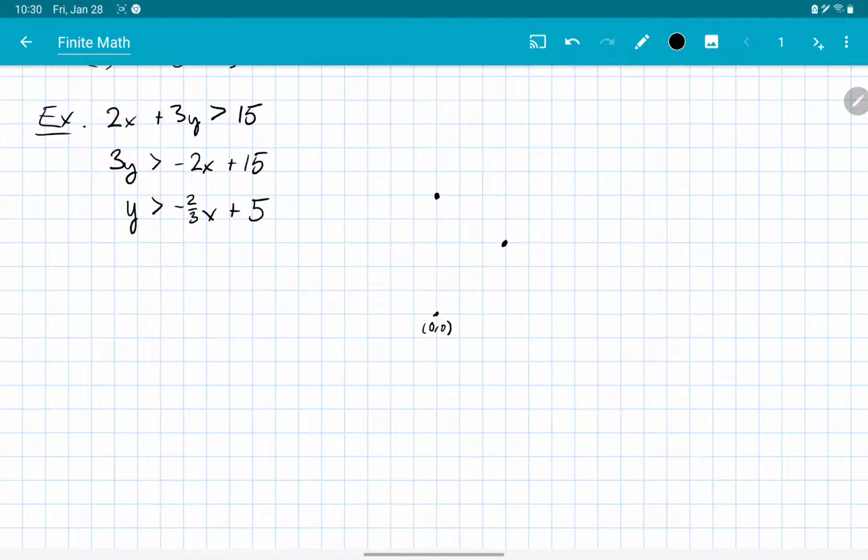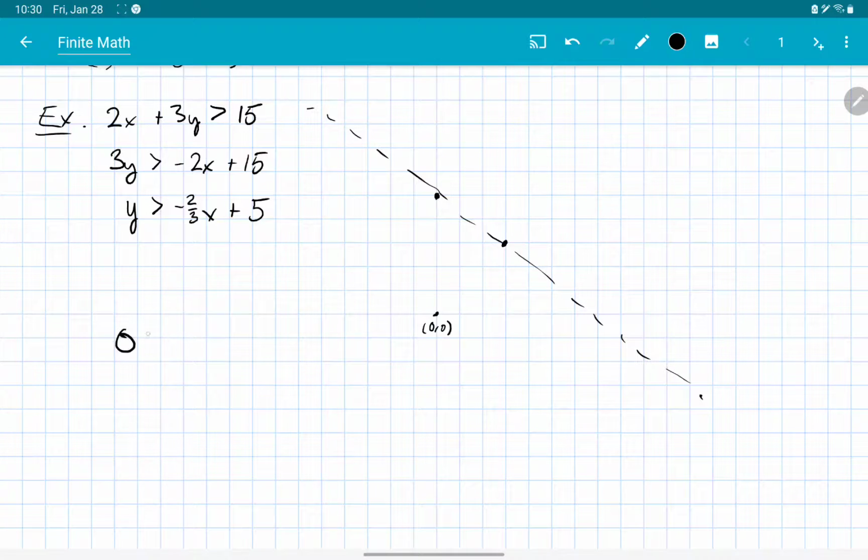Okay, now I need to draw the line, right? This one's a strictly greater than, so my line should probably be a dotted line. Like that. A dashed line, perhaps. Now, y is greater than negative 2/3 x plus 5. So, as Haley noted, I could just color above, right? But let's check the origin as well.